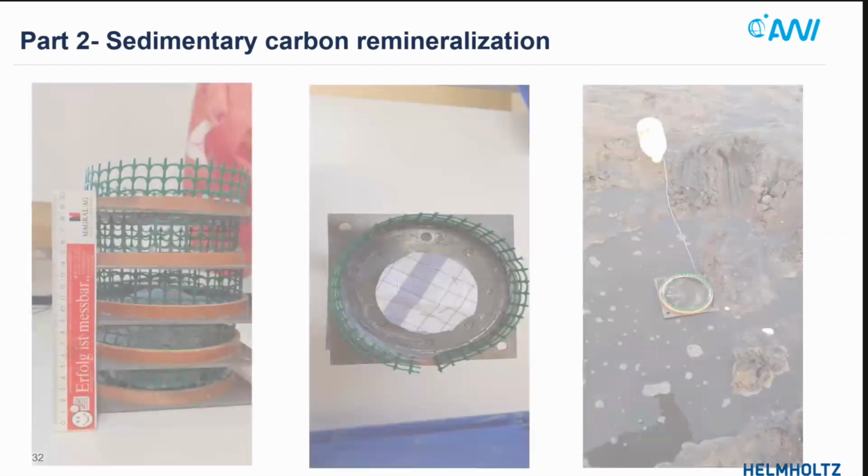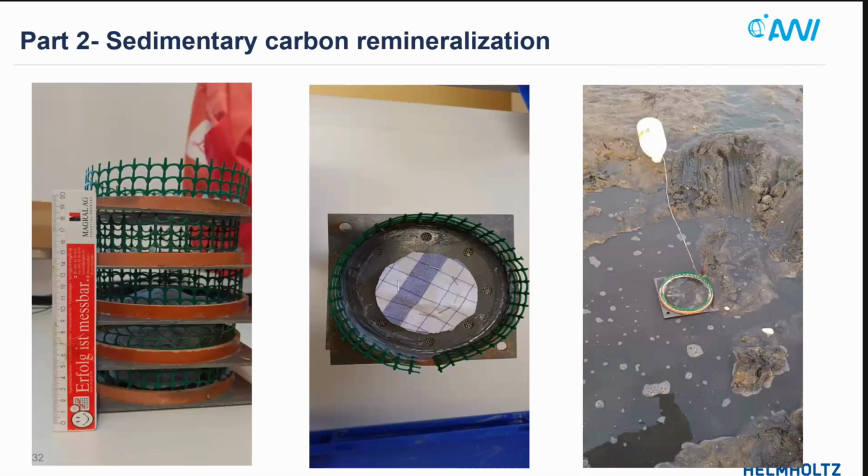So here we constructed small cages within our workshop. We added a known amount of agar within these cages, and we buried these cages at different depths of the sediment. And we wanted to understand how much carbon is getting mineralized at different depths. So we analyzed between 0 to 25 centimeters of sediment depth.